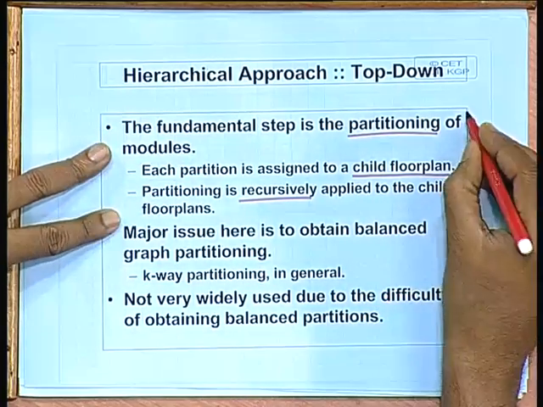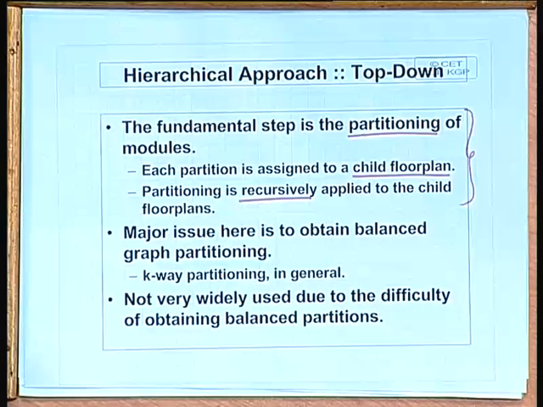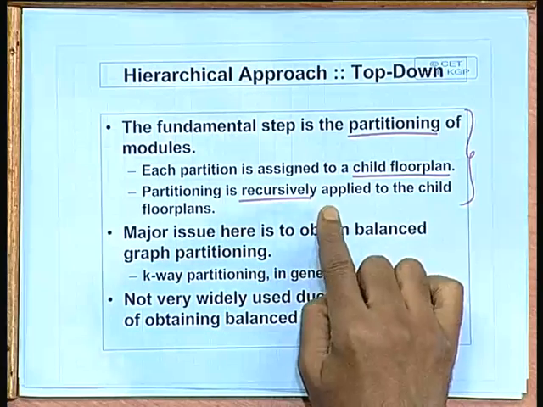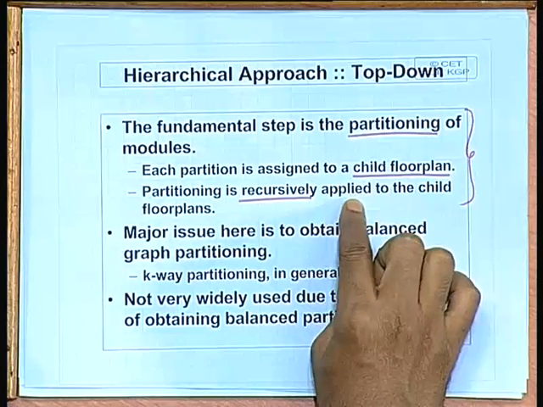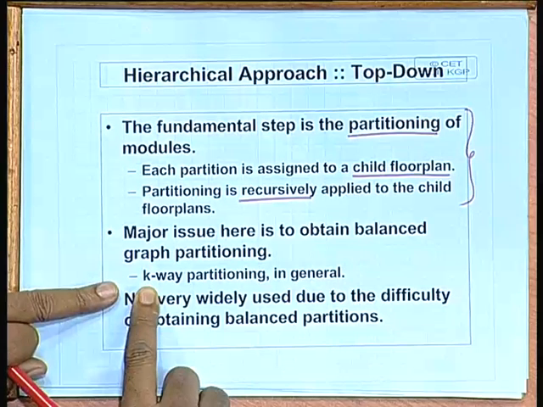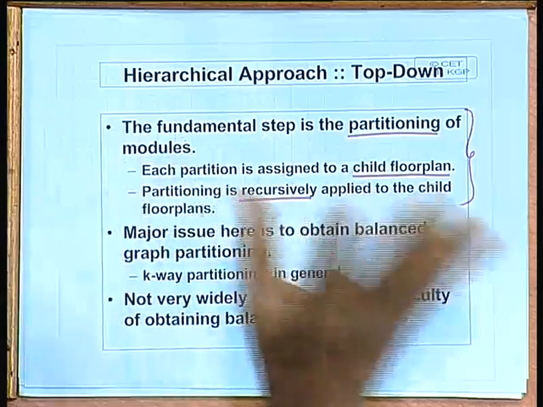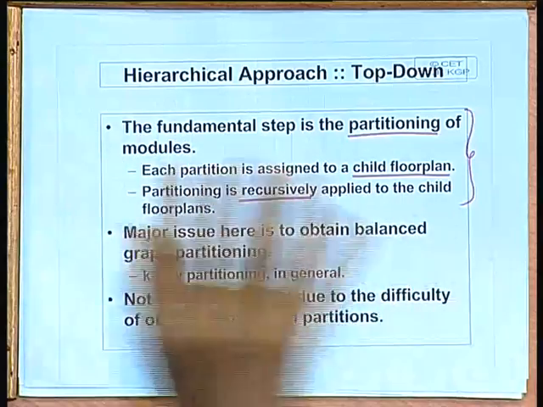But the problem here is that, well, there are good algorithms for partitioning a given graph into two parts, like you can use the Kernighan-Lin algorithm. But the best result will be obtained if we can do a k-way partitioning in general. For most floor plans, if you can divide into 4, 5 or 6 and accordingly place it at the high level, then break each of them up, because if you break it up into 2, most of the time you will not get a very efficient floor plan.